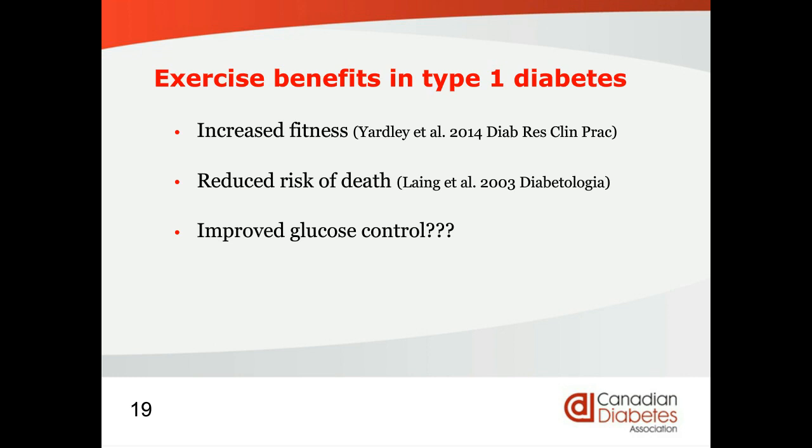So we have to be careful here in translating the glucose-lowering effects of type 2 to type 1 because your glucose might not be improved, but it might have cost you less insulin to do that or made your insulin dosing regimen different. But certainly, if we look beyond just glucose, exercise has clear benefits for individuals with type 1 diabetes.